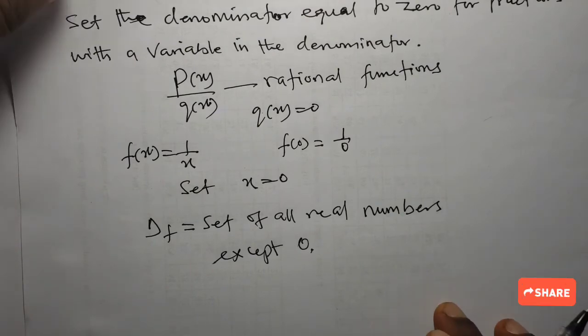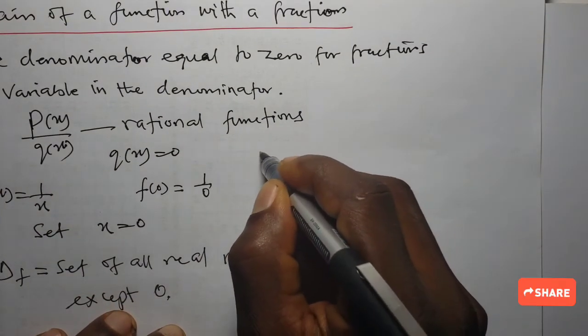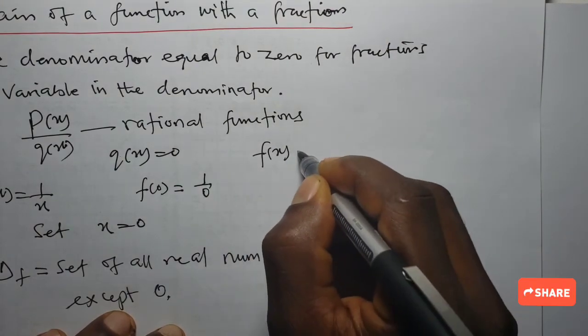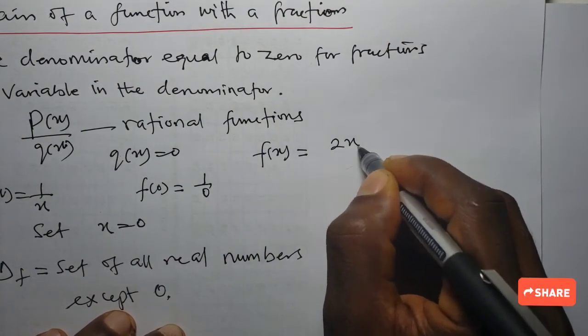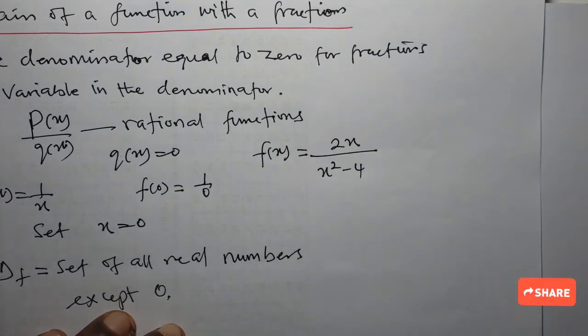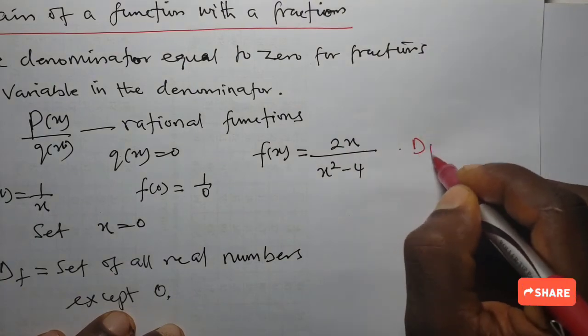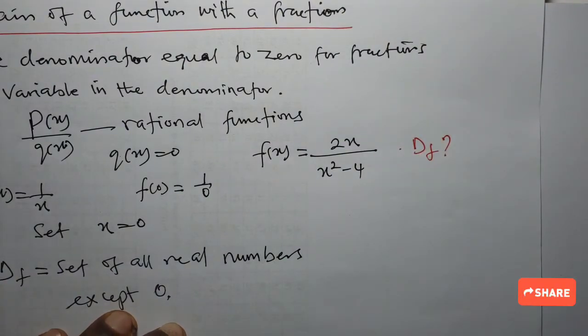The second function we'd like to consider is the following. f of x equal to 2x over x squared minus 4. The question again is to find the domain of the function f.